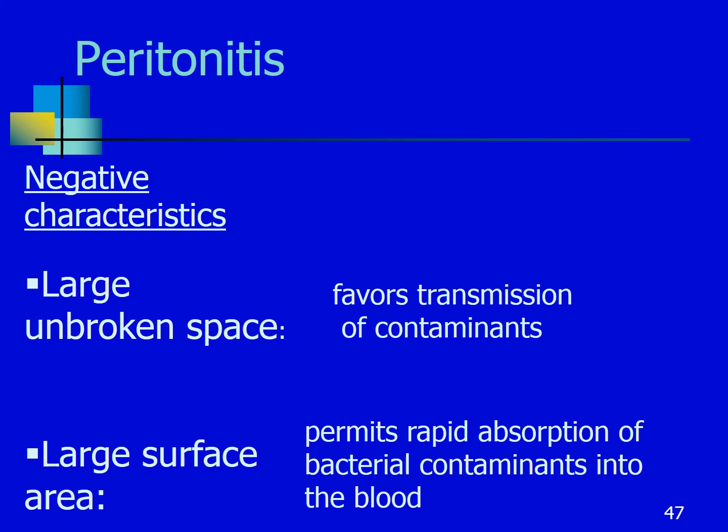So now you have this space that was covered, now it's broken, and so things just transmit contaminants, right? And because it's a large surface area, it permits rapid absorption of bacteria into the bloodstream. So it's negative, not a good thing. Okay? Next slide.